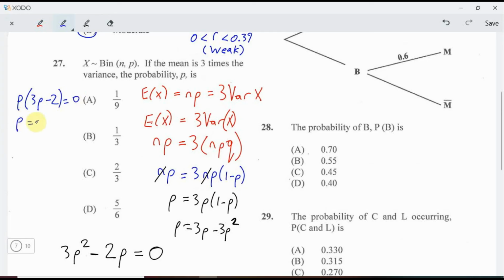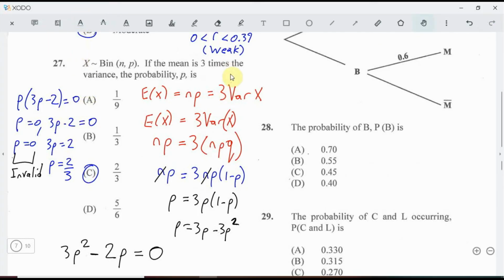So that means P equals 0 or 3P minus 2 equals 0. So 3P equals 2, and so P equals 2 over 3. That's option C. It couldn't be 0. This one is not valid because P cannot be 0. How can the probability be 0? It doesn't make any sense. So P is 2 over 3. That was fun.